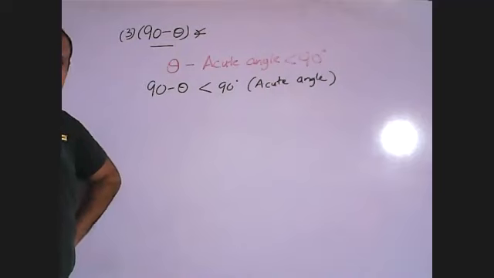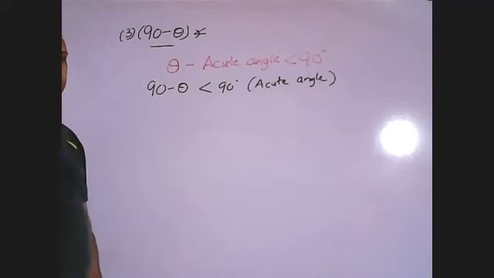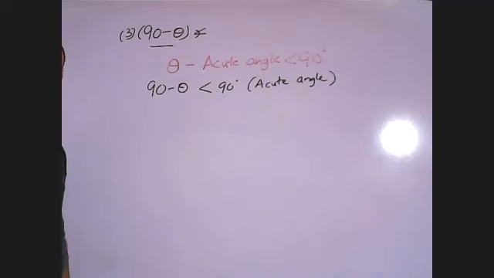Right under this. As theta is an acute angle, 90 minus theta represents any angle in between 0 to 90.